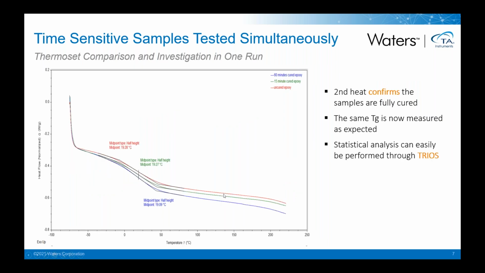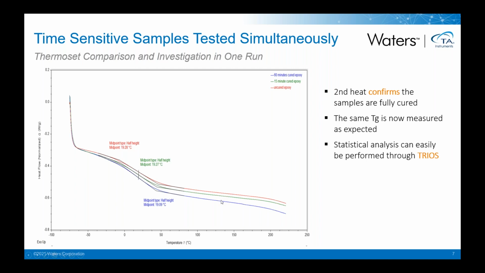Now, if we take that same sample, cool it back down, and reheat it, you can see that the glass transitions in this case are all about at the same temperature. You can see that we no longer have any exothermic activity. So, heating them up to the initial temperature and cycling them through gives us an indication that we've gone through the full cure. Going back through this heating cycle, you can see that the composition in these cases must be about the same.